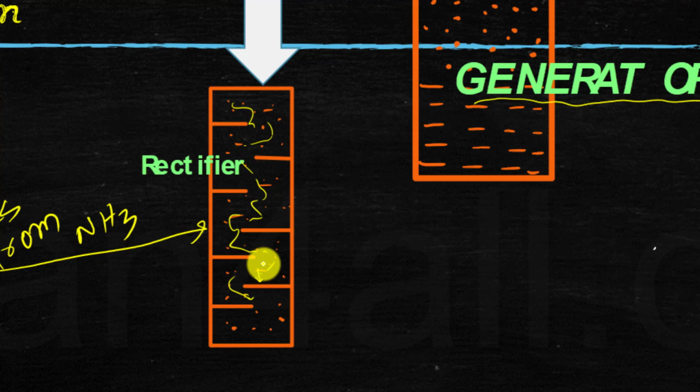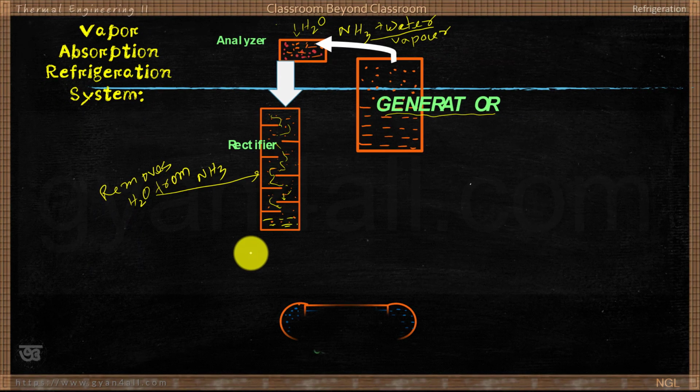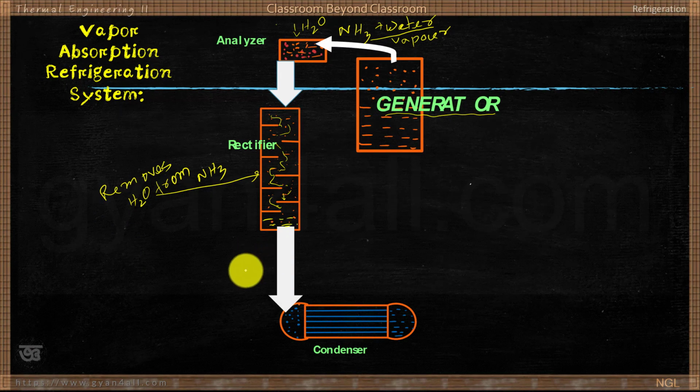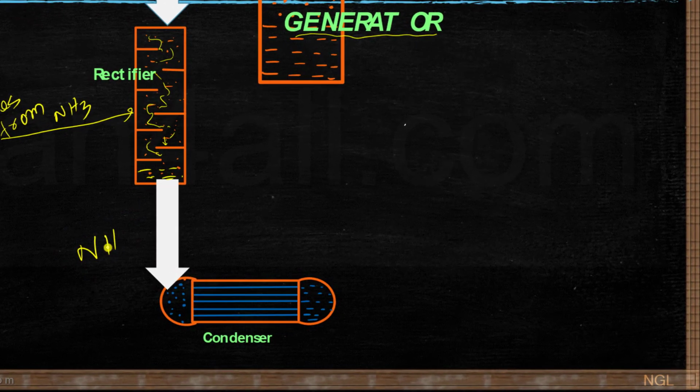That means it will be condensed, and the water will settle down at the bottom of the rectifier. What will go out of the rectifier? Only ammonia vapor will go out of the rectifier.